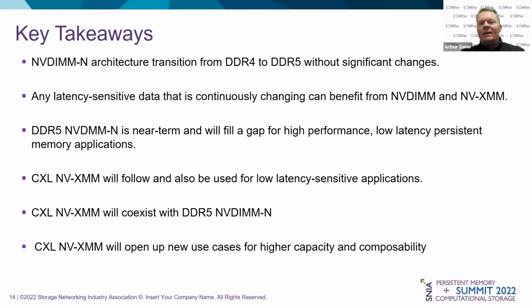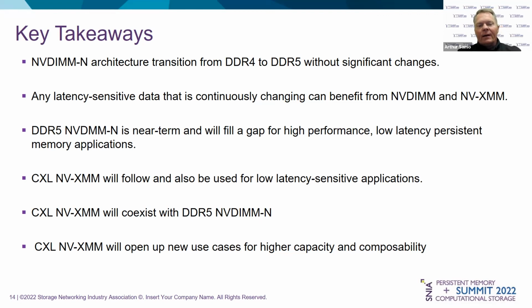Latency sensitive data is continually changing and can benefit from NVDIMM-N. DDR5 is here now. NVDIMM-N is in the works and can provide a near-term solution while other industry activities are going on with CXL and others.